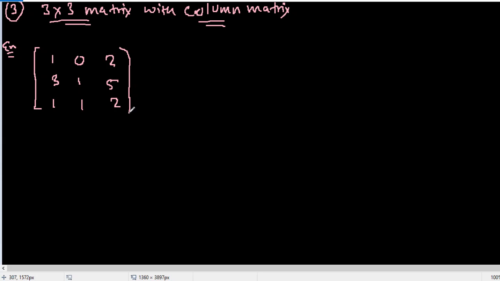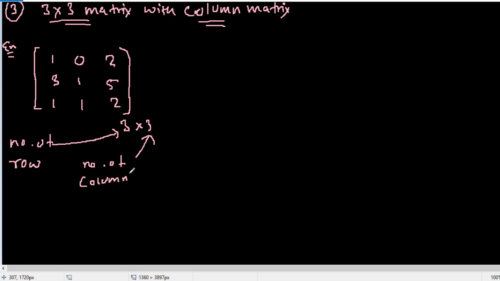So this matrix comes out to be of order 3 cross 3. This one represents the number of rows, and this one the number of columns. Clear?